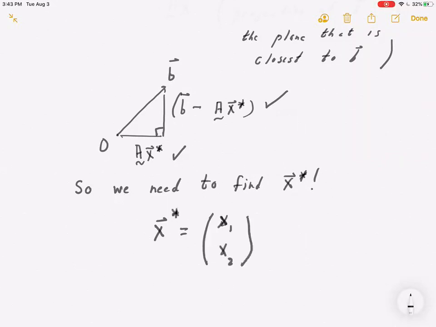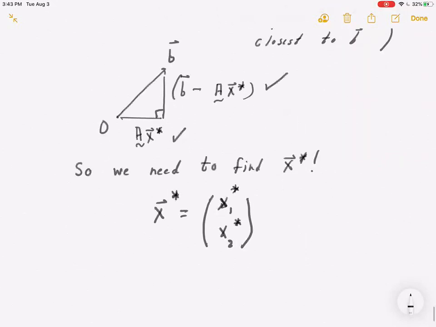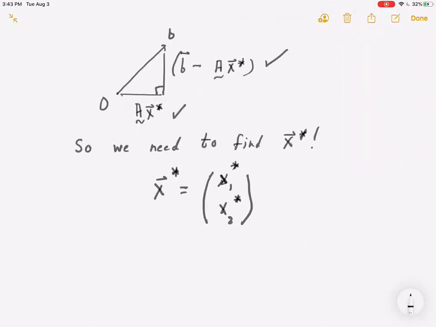X asterisk is just a 2x1 matrix that has two new components, x sub 1 asterisk and x sub 2 asterisk. So how do we find these? What do we know?